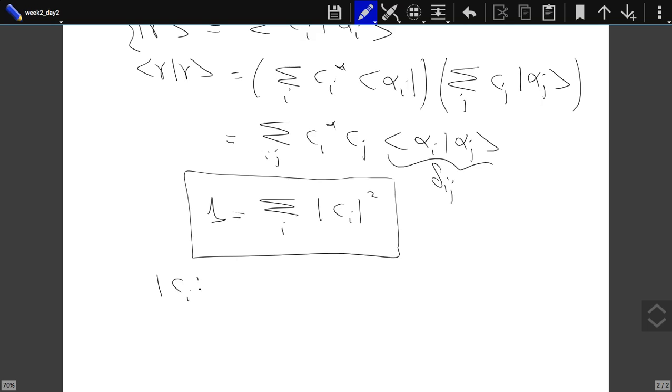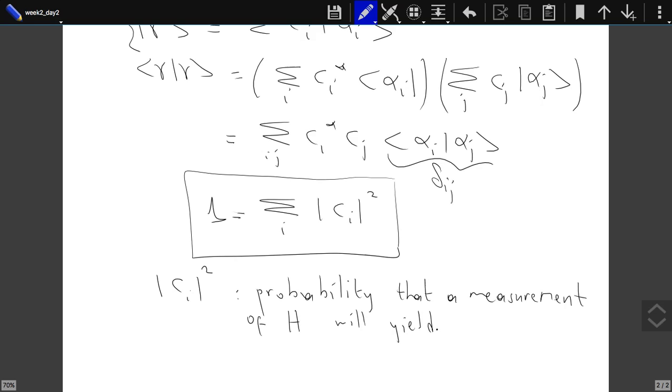And it turns out that the absolute value of Ci squared is the probability that a measurement of h, whatever my observable is, I'm using the h not to denote the Hamiltonian, but mainly it's a Hermitian operator, will yield the value of i.